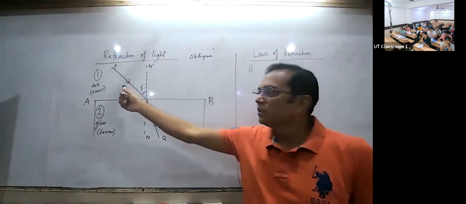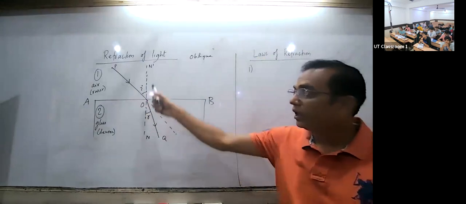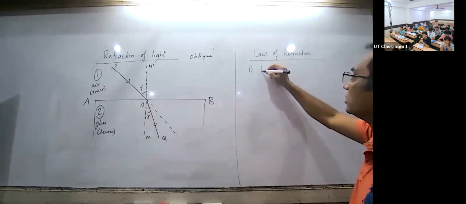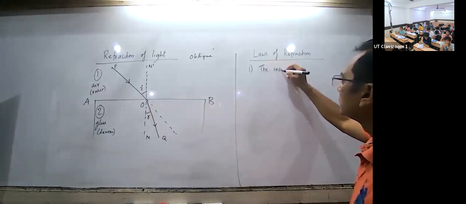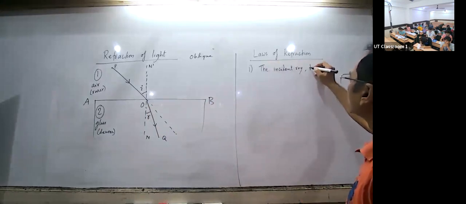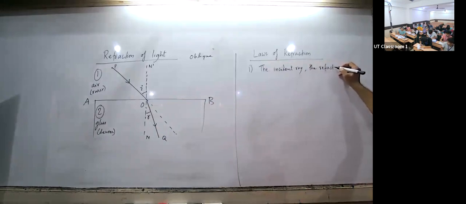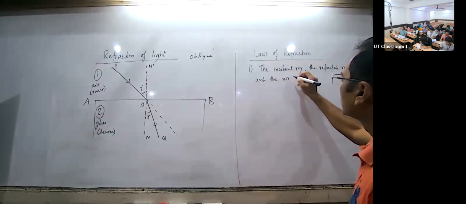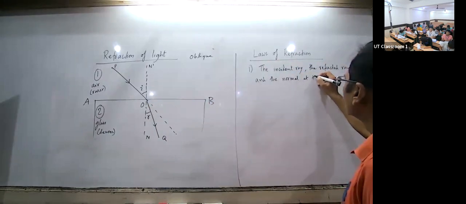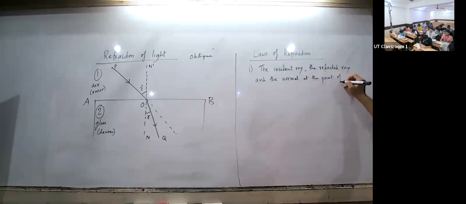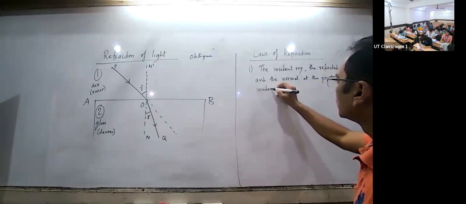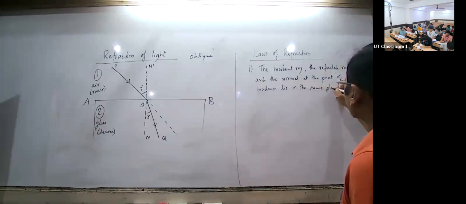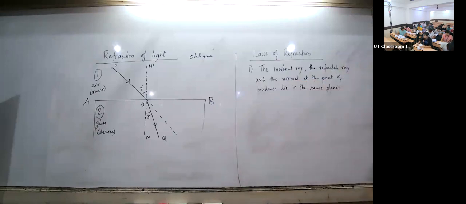The first is: the incident ray, the refracted ray, and the normal at the point of incidence lie in the same plane. Same as the law of reflection. This is the first law of refraction.